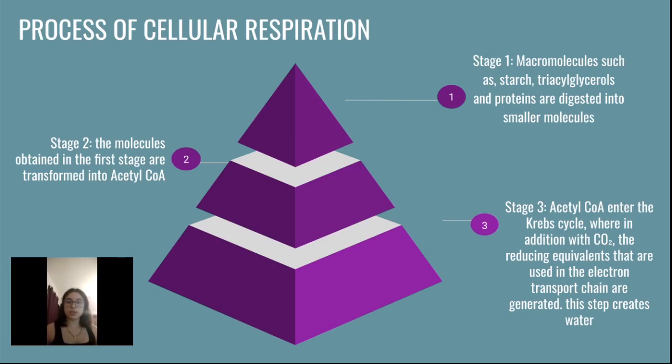which is that the molecules that were transformed into smaller molecules are now transformed into acetyl-CoA, which means acetyl coenzyme A. Now in step 3, the acetyl along with carbon dioxide will go into the Krebs cycle, so it can become a reducing equivalent, and its electrons will go into a transport chain.